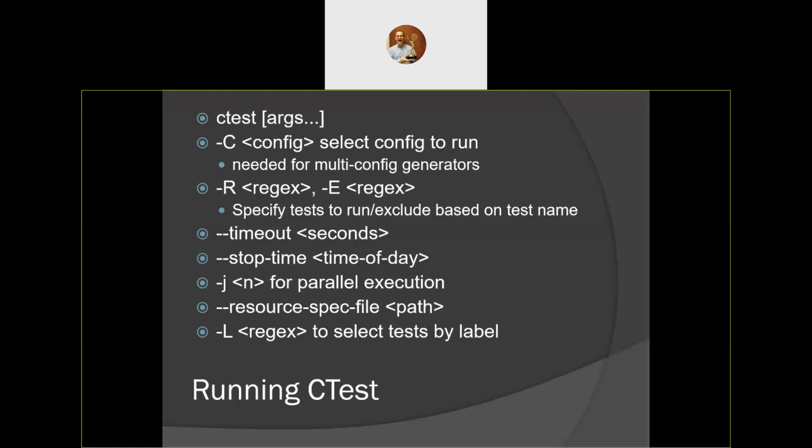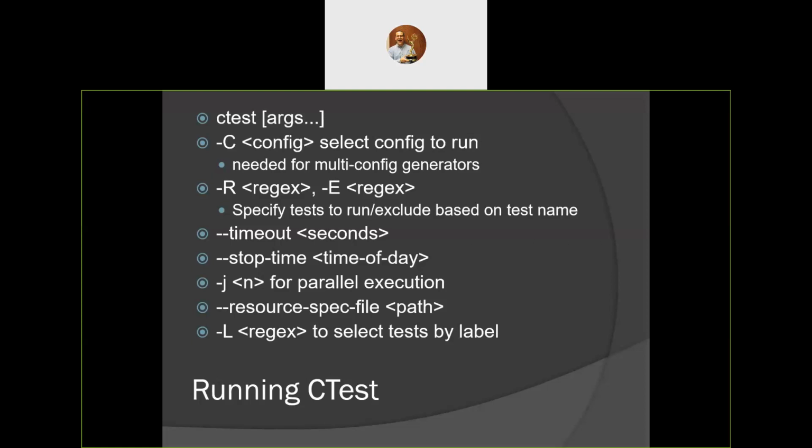We want it to be doing incremental builds, continuous integration builds. So you can use the stop time argument to say, if we're still running when we reach this time of day, then we should just stop so that we don't run on into the busy portion of the day.